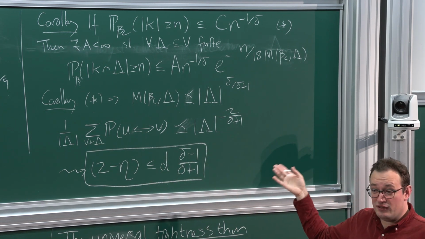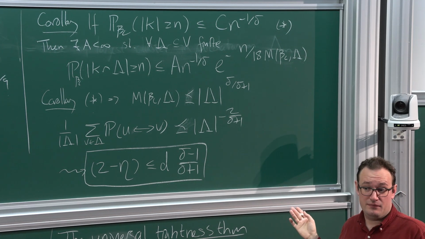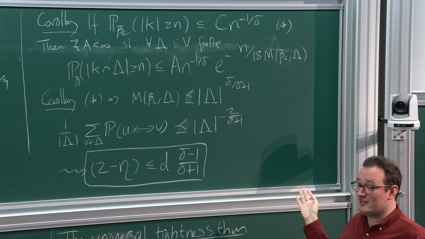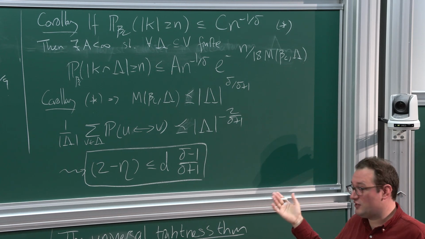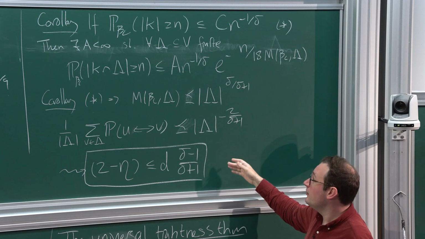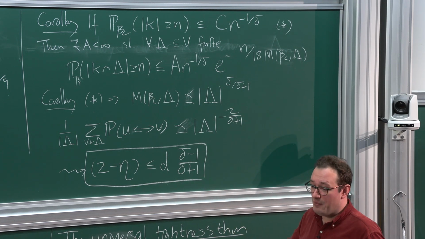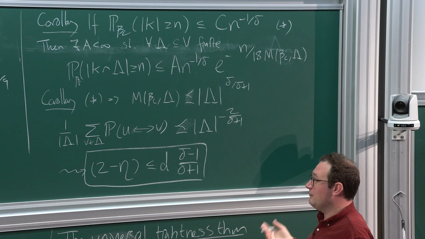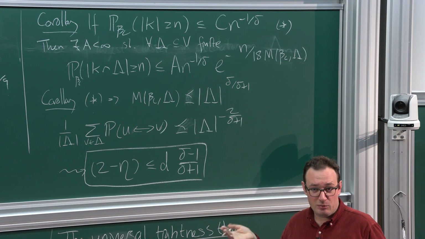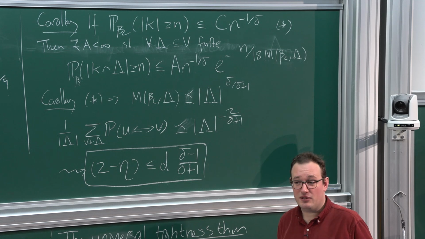This should be an equality in low dimensions. It's one of the hyperscaling relations. But what this shows is an inequality in all dimensions. If you want to formulate it this way, you have to assume the exponents are well defined and so on. But this inequality just says that if you have a power law upper bound on the volume tail, then you get a power law upper bound on the two-point function, and it's equivalent to this if you assume that the dimensions are well defined.